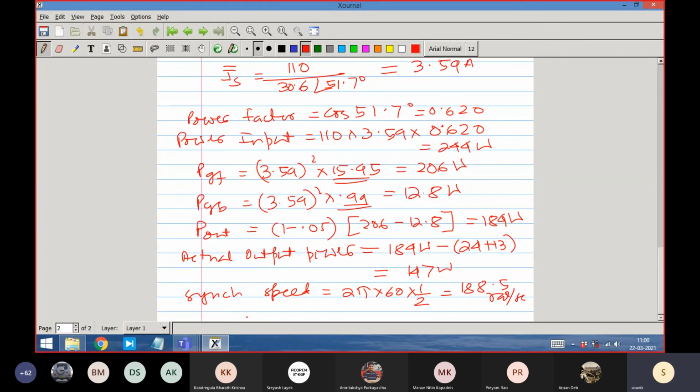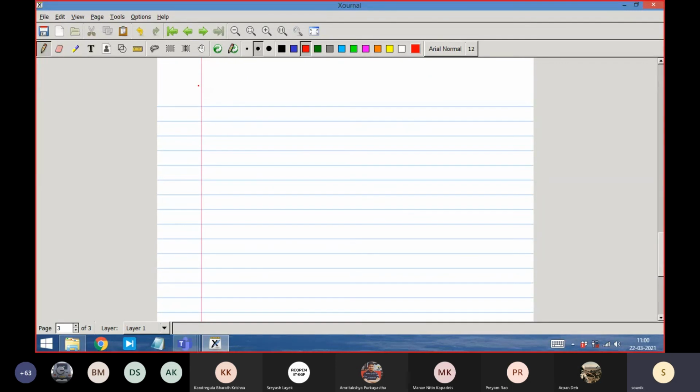And the rotor speed will be 1 minus s, that is 0.95 into 188.5, which is nothing but 179 radian per second, right?